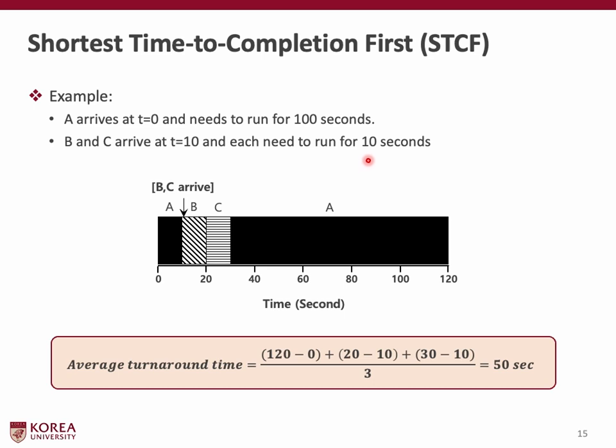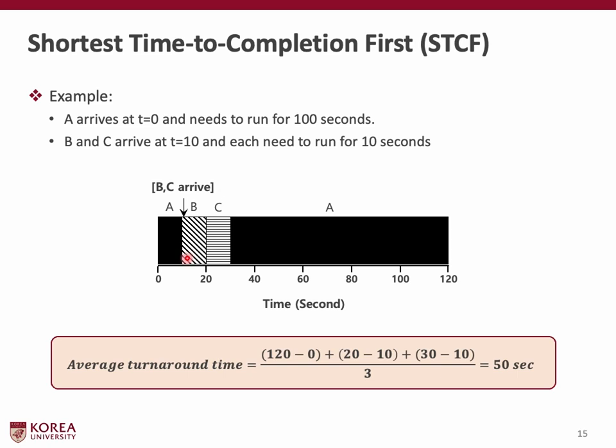With the STCF algorithm, A begins running at time 0, but at time 10, when B and C arrive, the scheduler checks which job has the shortest remaining time. At this point, B and C only need 10 seconds, and A still has 90 seconds left.